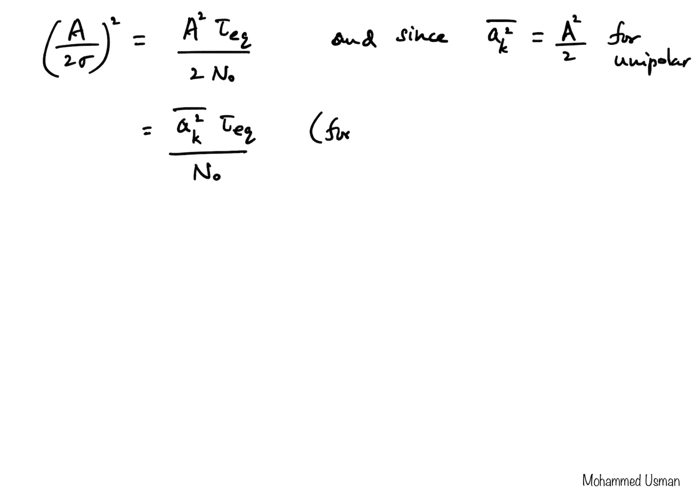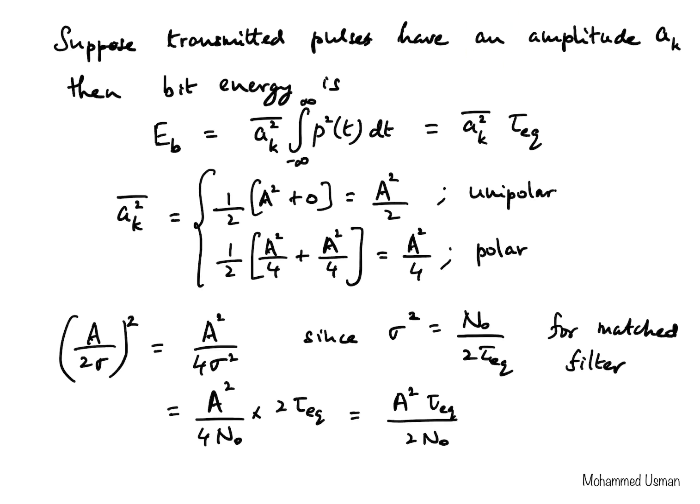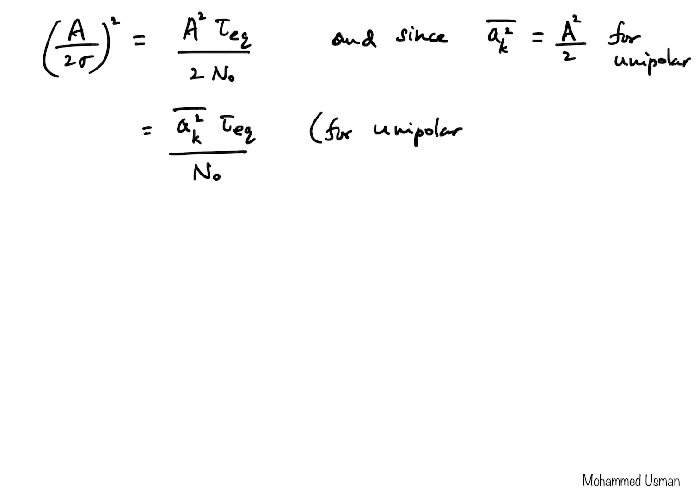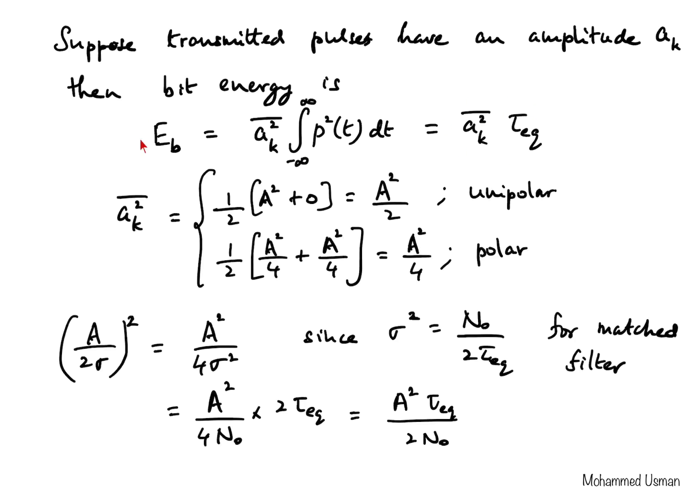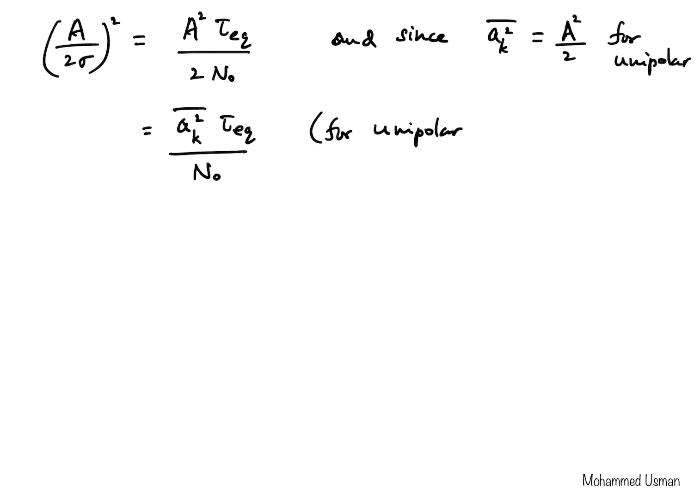This is for unipolar, right? Because a square by 2 is ak square bar for the unipolar case, as we have here. So now ak square bar into tau equivalent is generally Eb. So that is simply equal to Eb by n naught for the unipolar case.